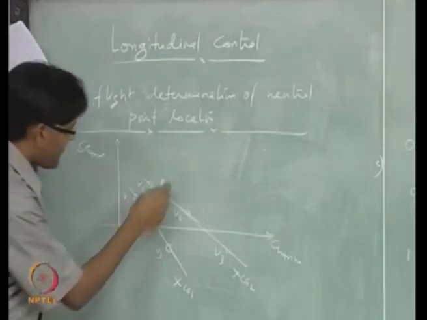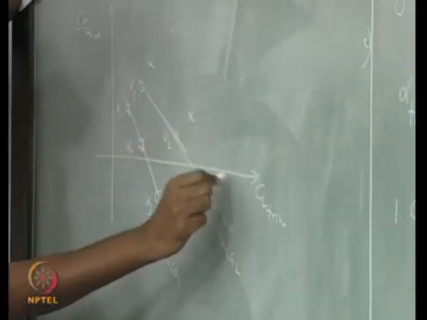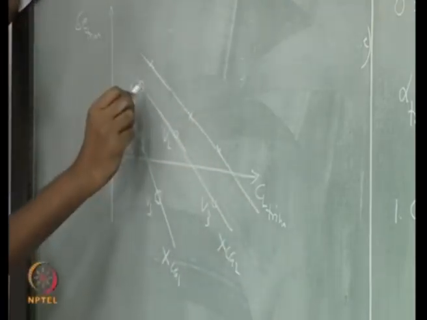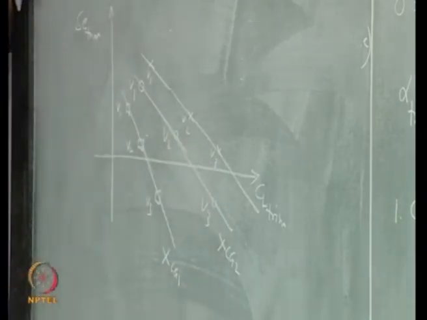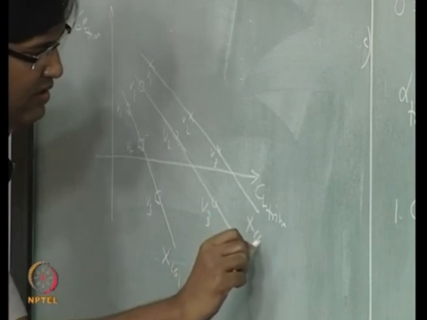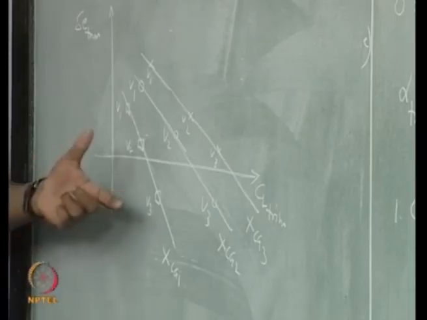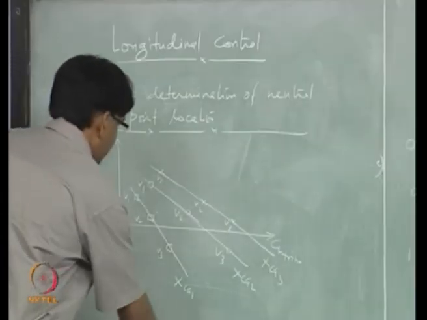Another CG location, and then you get this. So, for 3 different CG locations I have flown 3 different speeds. So, you get corresponding delta E trim and CL trim, right. That is how we have obtained these 3 curves. Okay.